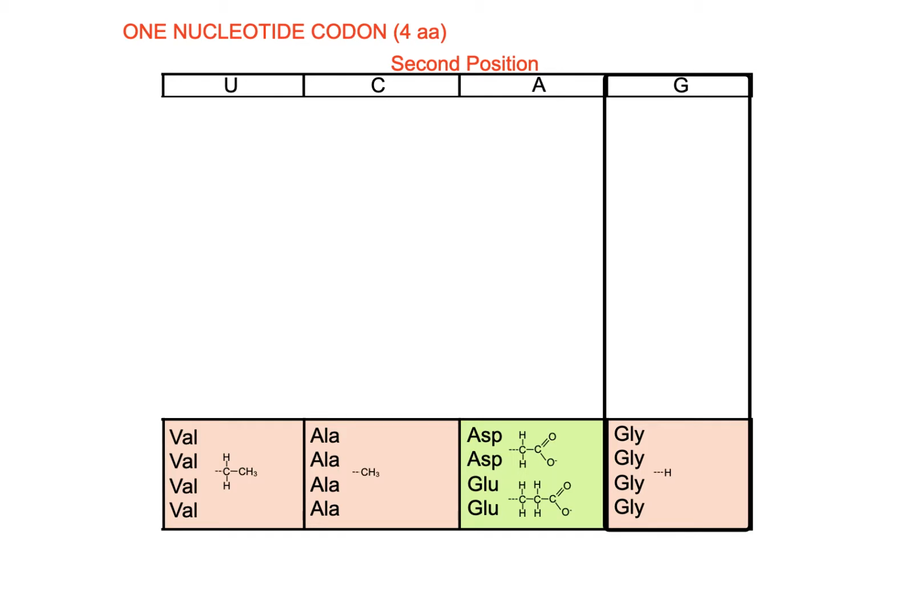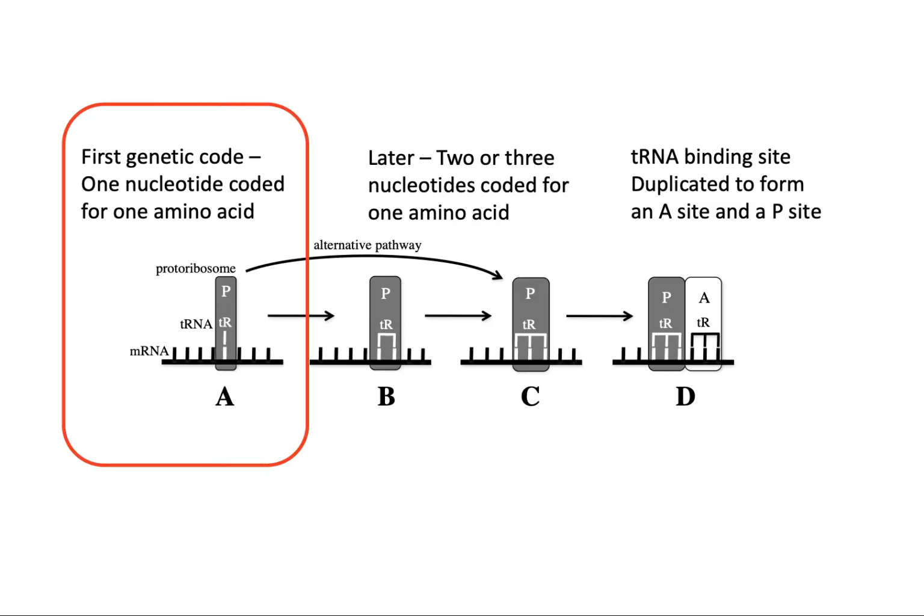And so it may have been a one nucleotide genetic code at that point, and 4 or 5 amino acids only. So then this would have been a simple code. The first genetic code might have been one nucleotide standing for one amino acid in that P site for adding the amino acids together at the peptidyl transferase site.